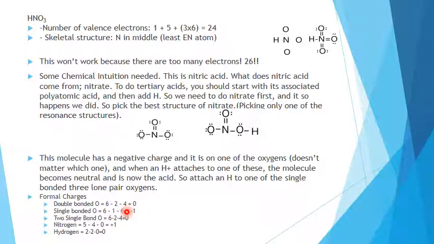All the same formal charges as we saw with nitrate, but this time this oxygen here no longer has a minus 1, because it has 2 single bonds, and so now it's 6 minus 2 minus 4 equals 0.